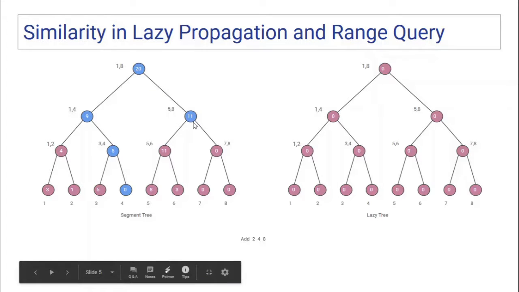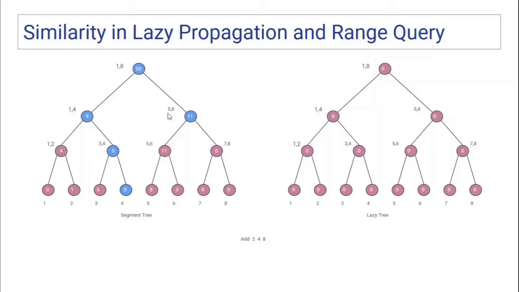So what you would do, you know that inside this range every element will be incremented by 2, right? Because this lies completely inside the query range, all of the elements from index 5 to 8 will be incremented by 2, and this represents the sum of 4 elements, right, which are from 5 to 8.